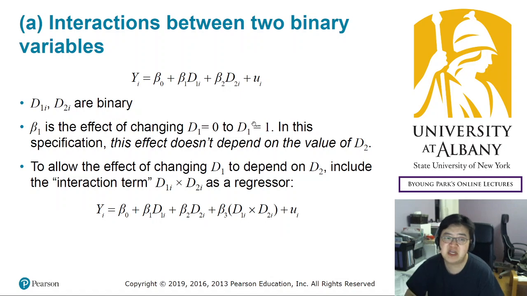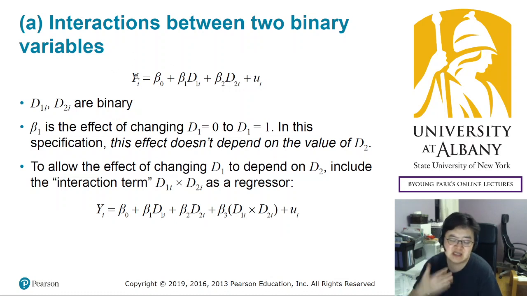Then what would be its effect on the outcome Y? And in this baseline model, it's simply beta 1 because D2 is irrelevant in the effect of D1. So if that makes sense, then this baseline model will work.